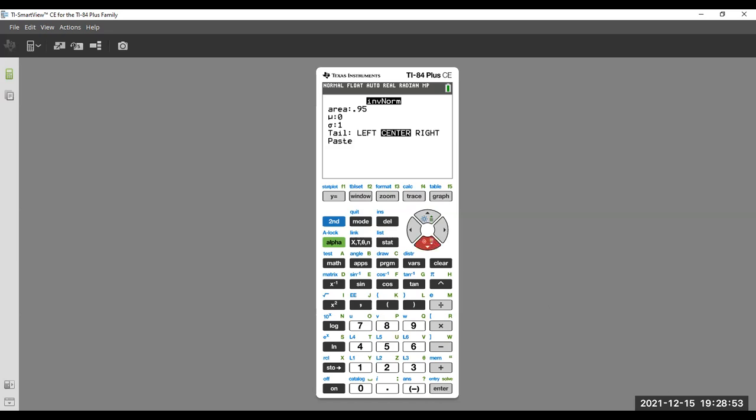So we leave it in the z-score format, and I'm going to get 2 scores here, negative and positive 1.959, 1.96. Plus or minus 1.96.